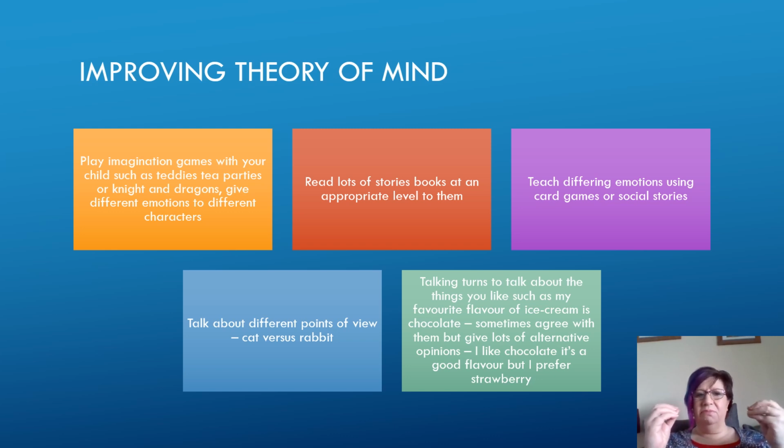Really, it's vitally important that that type of play happens with kids with neurodevelopmental differences, because what happens generally for a child who is neurotypical, they don't have a sort of difficulty, is they pick up these skills really quickly, really naturally, without much effort. But for children with neurodevelopmental differences, we need to put a lot of effort in to be able to help them to do these things.